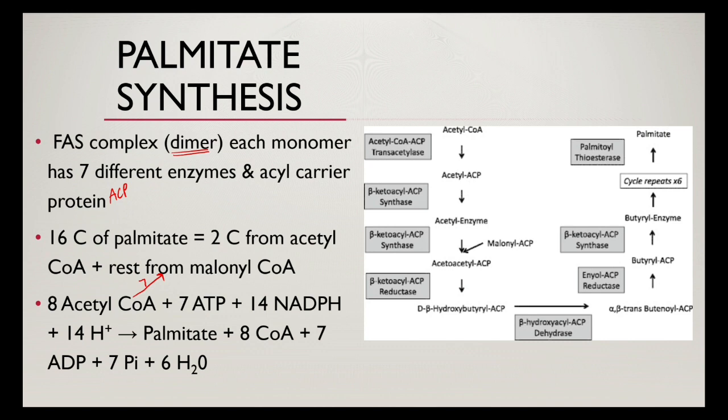Then each malonyl-CoA requires 2 NADPH plus H plus in the reaction of the FAS complex. So there are 14 NADPH plus 14 H plus for 7 malonyl-CoA, and this gives you palmitate.